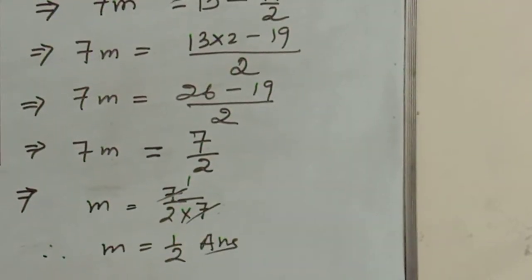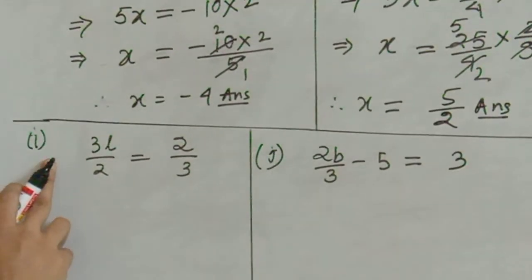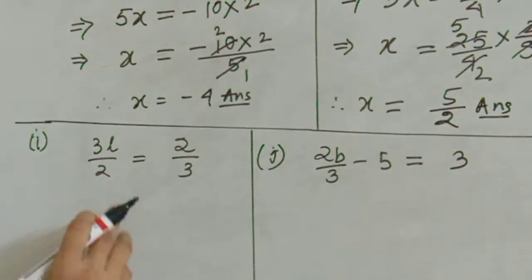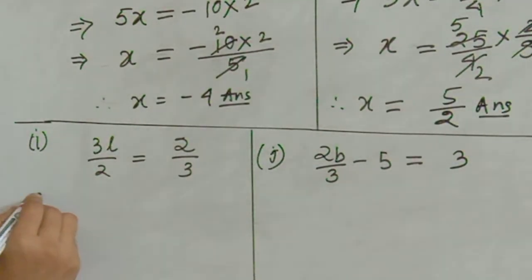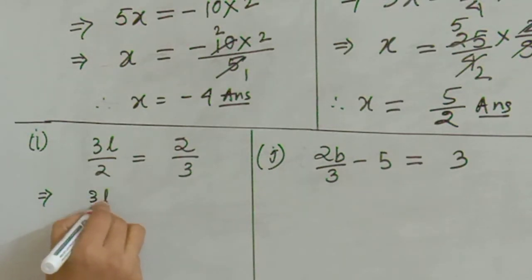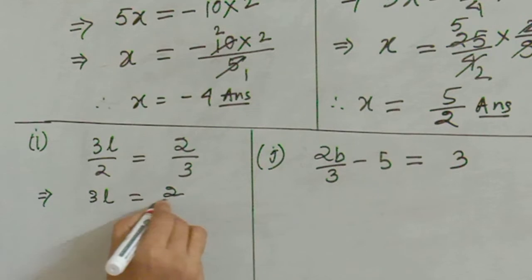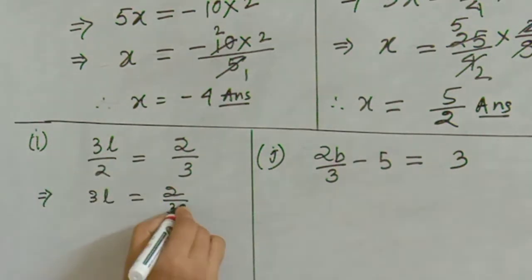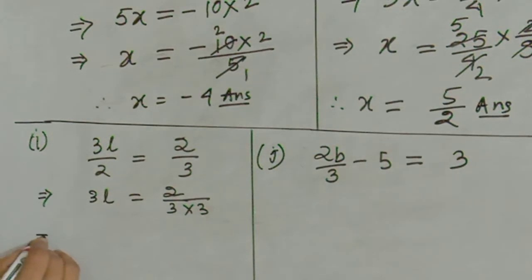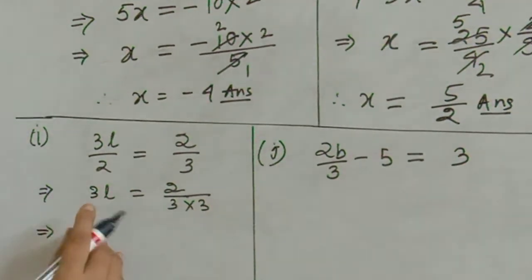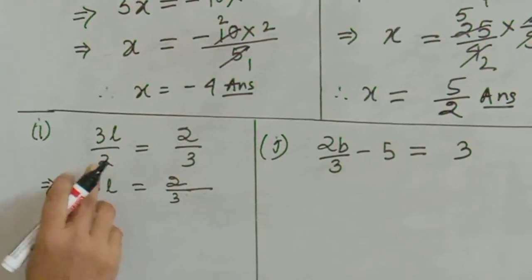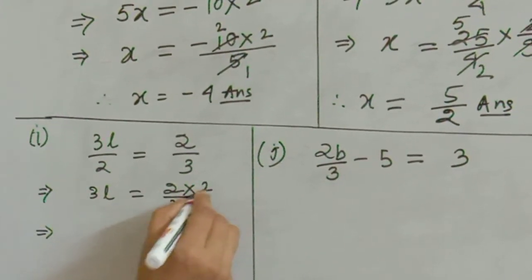Come to the next question. Question number I. 3l by 2 is equal to 2 by 3. Variable is L. So the same way, transposing: 3l is equal to 2 by 3. 3 will go down in the denominator. Next, 3 by 2, 2 will go up because we are transposing 2 now.